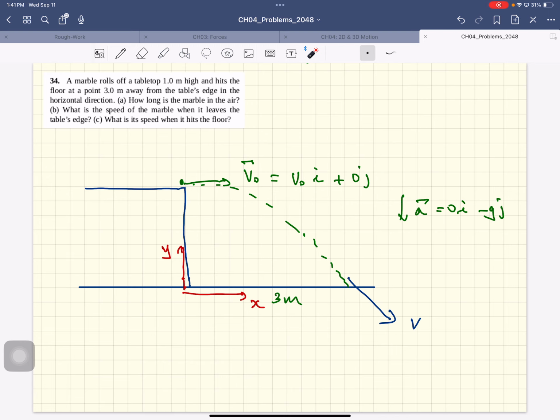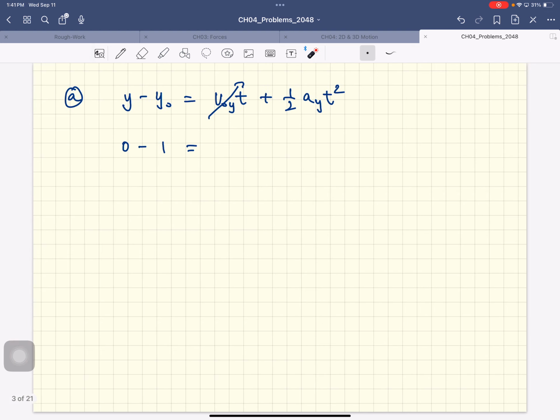And the y component of the acceleration is minus g. Actually, I'll write this as y naught.